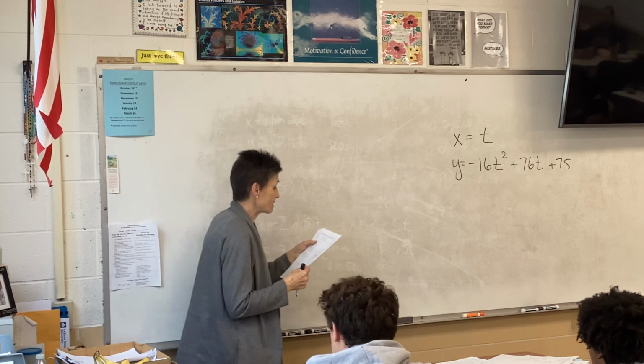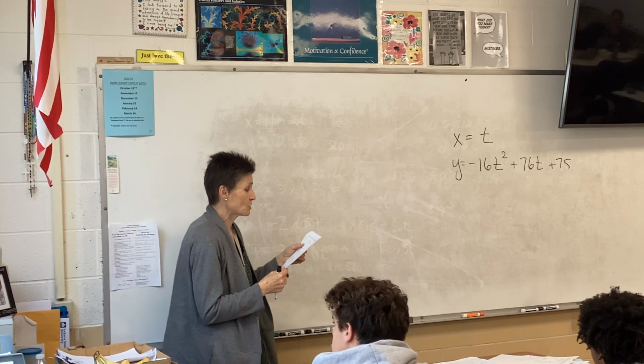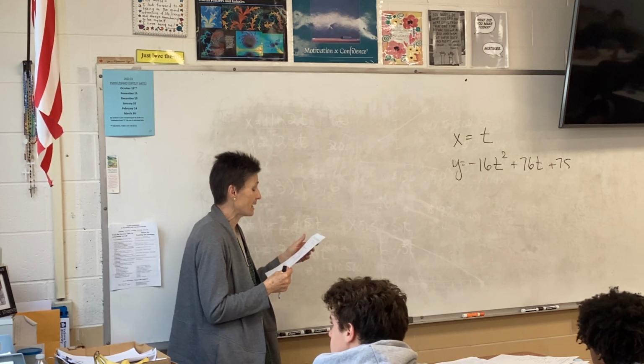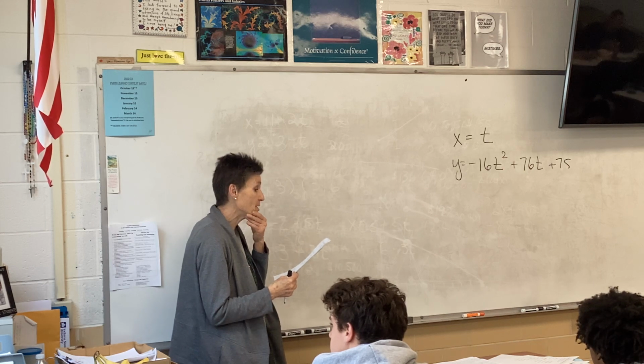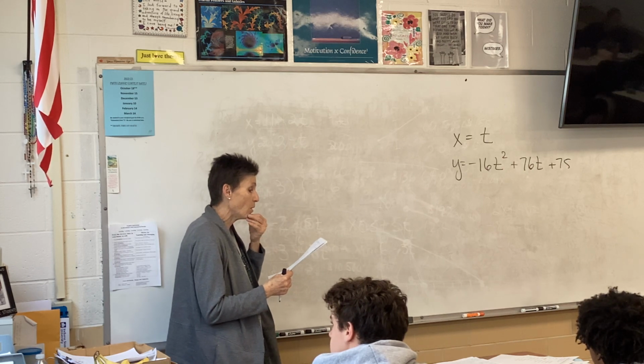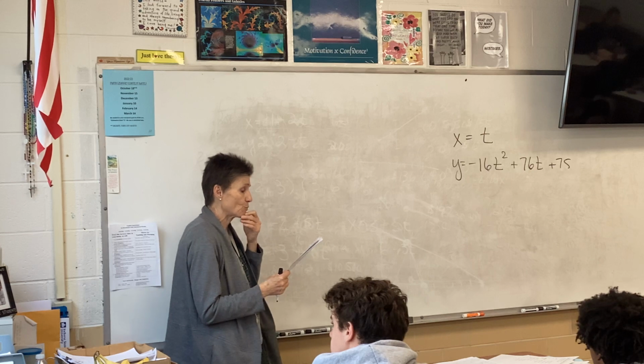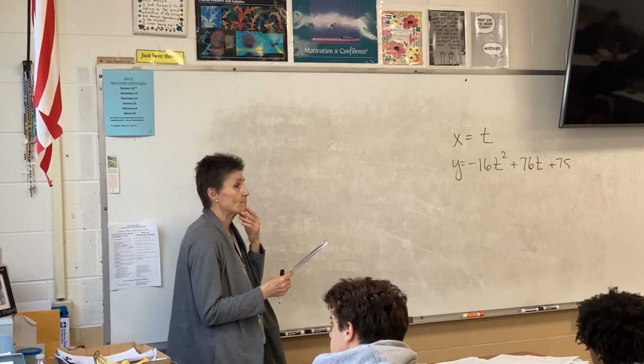All right, Kevin hits the baseball at 3 feet above the ground with an initial speed of 150 feet per second at an angle of 18 degrees with the horizontal. Will the ball clear a 20-foot wall that is 400 feet away?